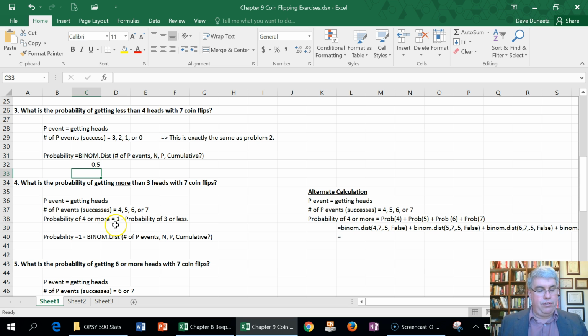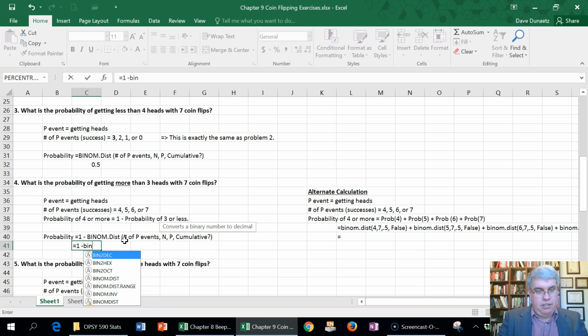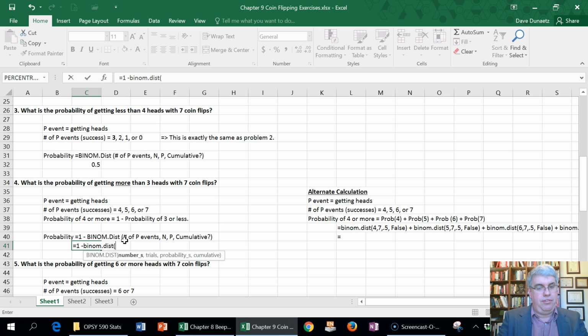So the total area under the curve is 1. So since 4 or more is the opposite of 3 or less, we're going to do 1 minus the probability of 3 or less. And so we can type in our command equals 1 minus binom.dist. The number of P events that we're interested in is 3 or less.